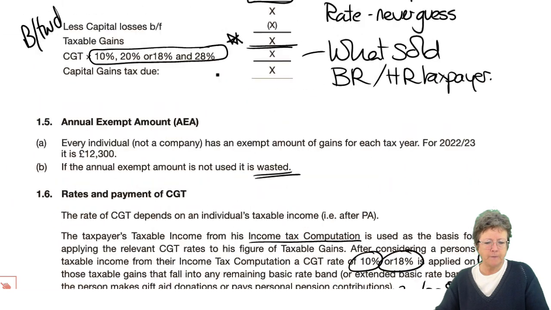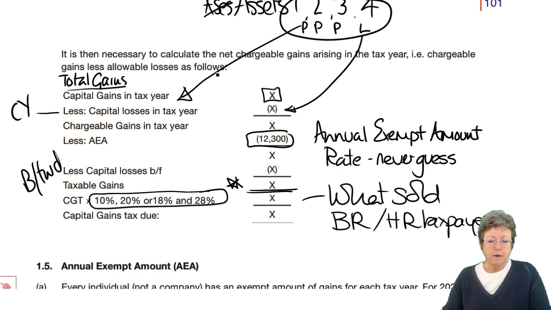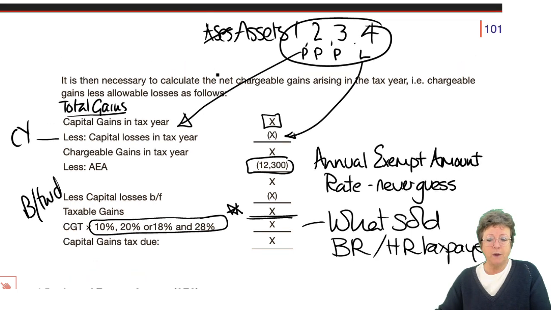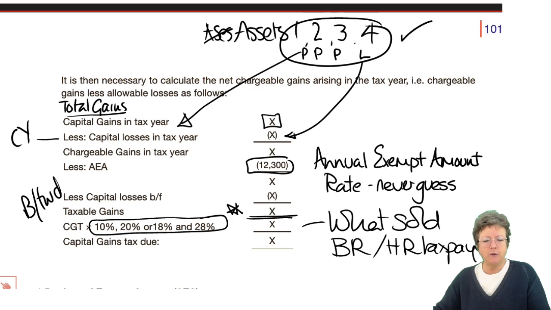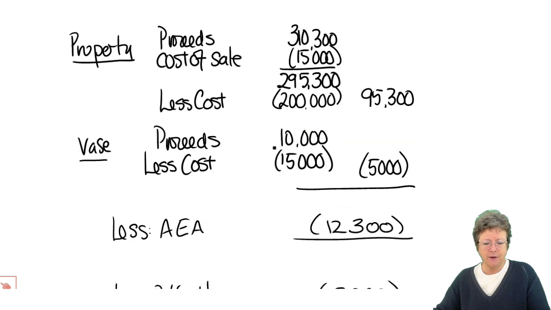It is then necessary to calculate the net chargeable gains arising in the year, all the gains less the allowable losses. So we've just done this. We only had 3, 2 of them were profit, 1 of them was loss. We had gains in the year, losses in the year. Less the annual exemption, less losses brought forward. That's what we're doing here with this example.